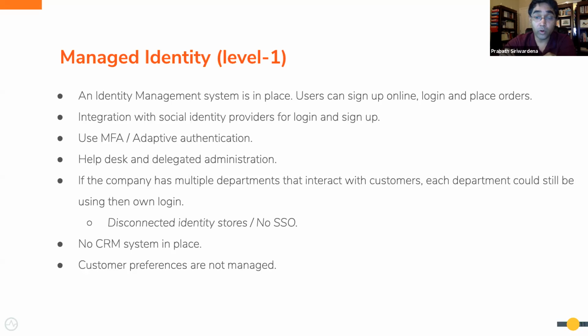One may only worry about onboarding customers via an online portal and then letting them authenticate to the system via username and password. Another company would worry about integrating with social IDPs for registration, enabling strong authentication options with adaptive authentication, integrating with risk engines, doing identity analytics, and so on.